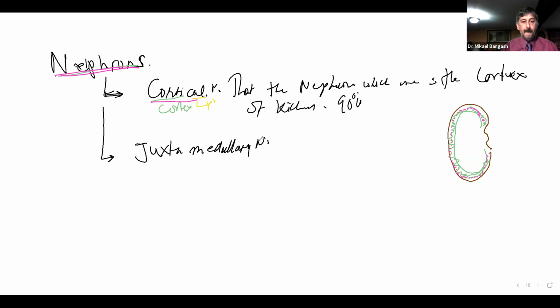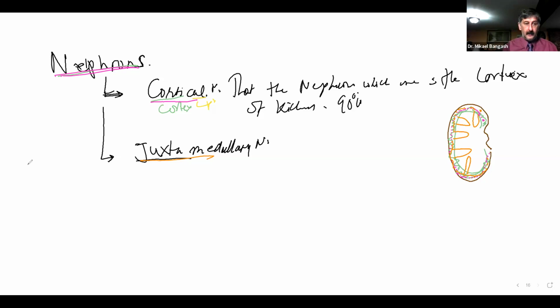These are nephrons where most of the nephron is still inside the cortex. But what these nephrons have is that the loop of Henle, you guys recall the loop of Henle?